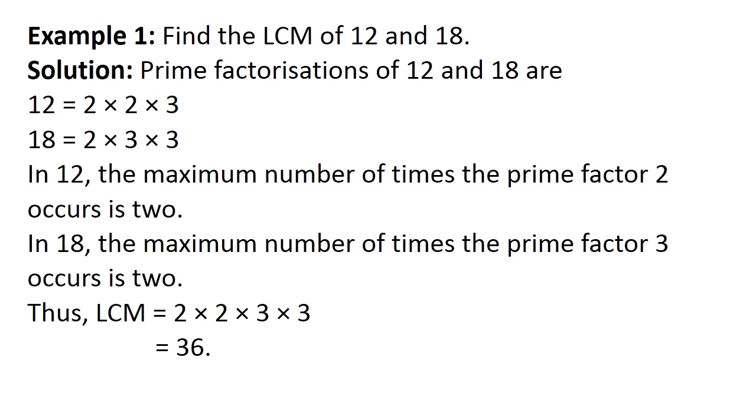In 18, the maximum number of times the prime factor 3 occurs is 2. So the LCM of the two numbers is the product of the prime factors counted the maximum number of times they occur. So LCM is equal to 2 multiplied by 2 multiplied by 3 multiplied by 3, which is equal to 36.